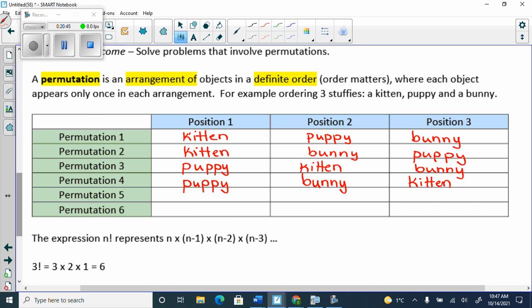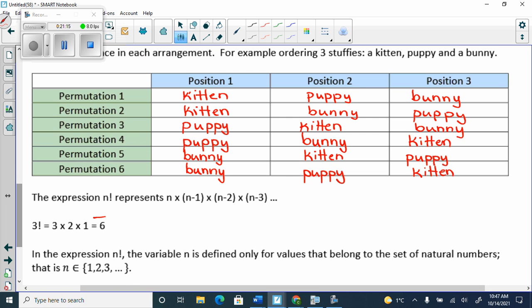And then this one I could start off with the bunny, and then I could go kitten and puppy. Or I could start off with the bunny and go puppy kitten. How many different ways could we arrange these? 6. So that gave us 6, correct?